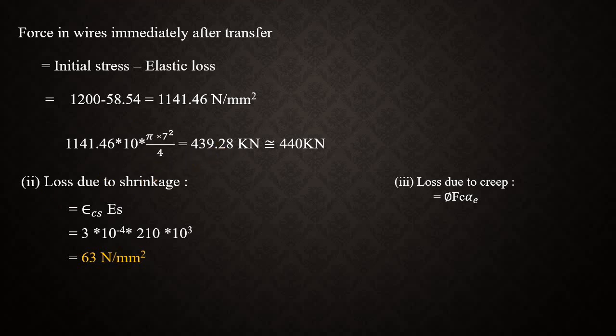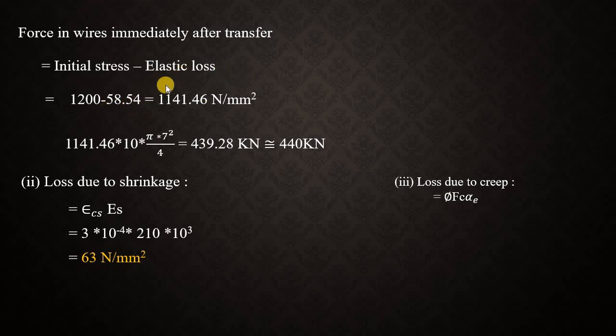It is something like we had initial stress of 1200, but using this we got a pre-stressing force as 462. But immediately after the transfer, what that word transfer means is after pouring the concrete into the mold. After pre-stressing we will pour the concrete into the mold. That thing is called transfer.